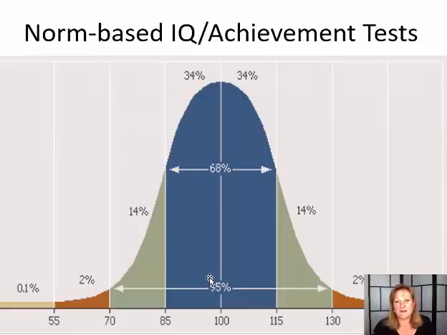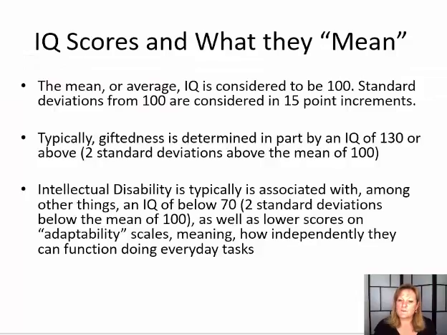So there are all these factors that go into looking at these sorts of tests and making decisions about special education evaluation and eligibility. Okay, let's go back to the IQ scores. Typically, giftedness is determined in part, not in total, by having an IQ of 130 or above, because you're 2 levels of difference away from the average.